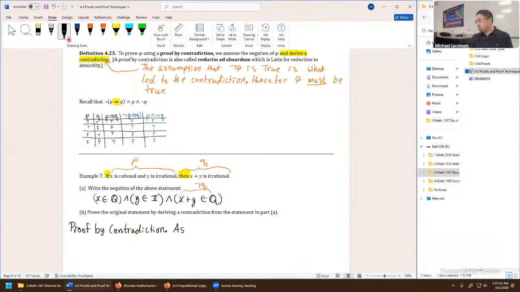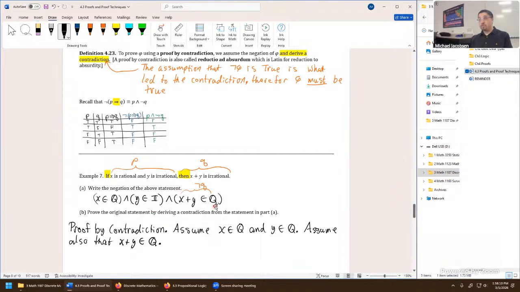Assume x is a rational number and y is a rational number. Assume also that x plus y is a rational number as well.